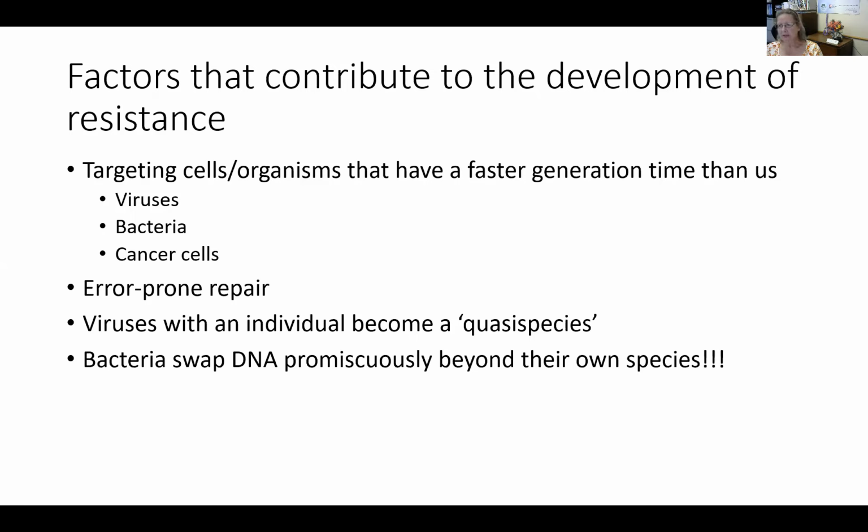And often there are cassettes of genes that render resistance to many different drugs. And so we keep building up more and more resistant strains of bacteria that are resistant to a whole lot of different drugs.